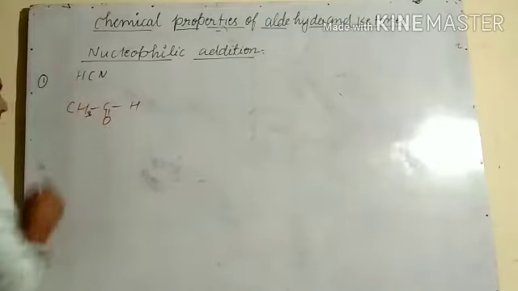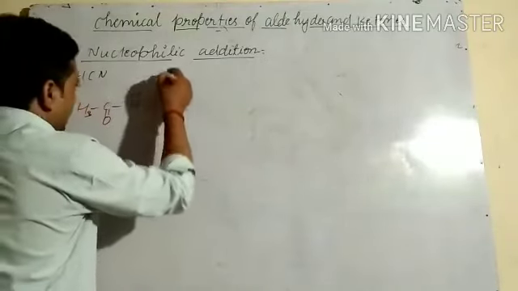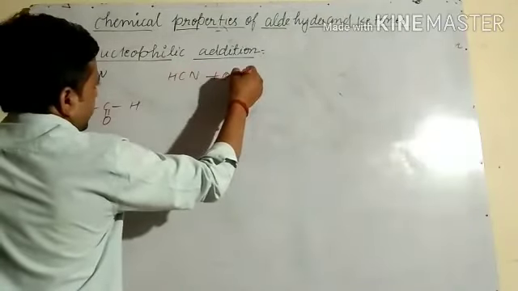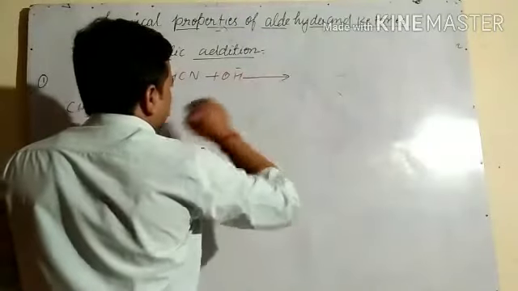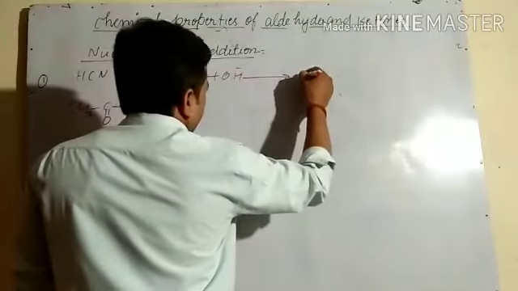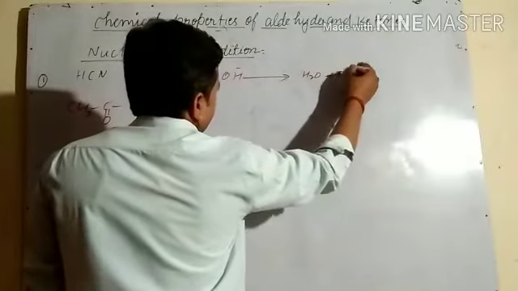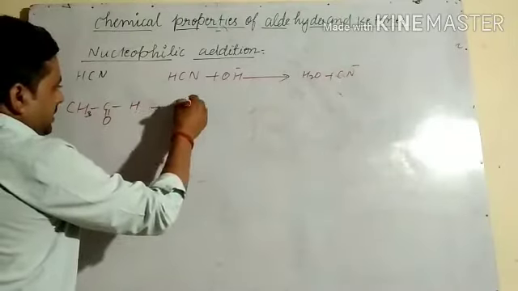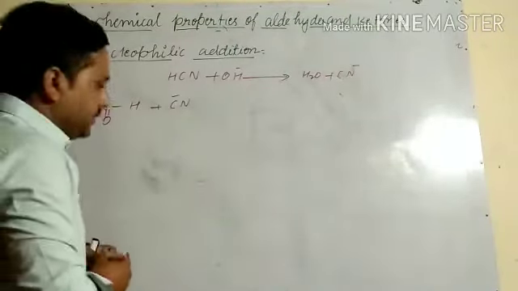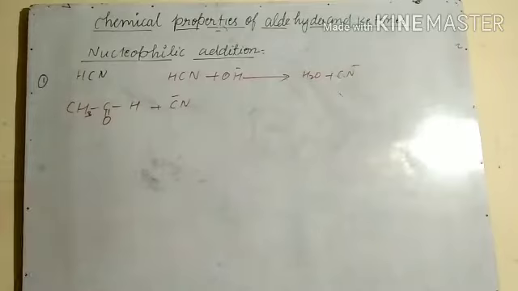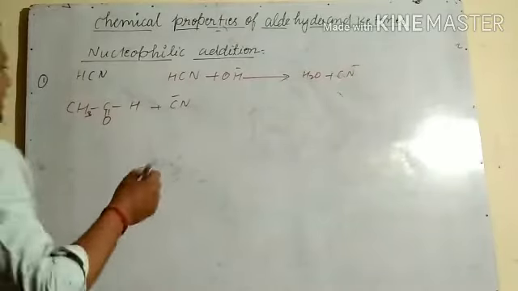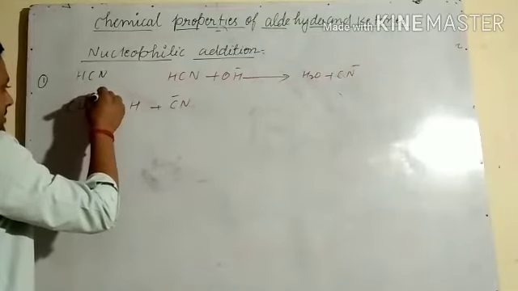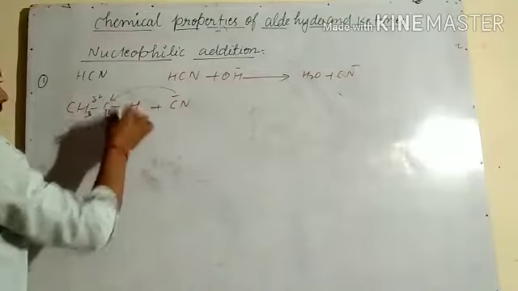HCN reacts with the base and forms water, and it forms H plus and CN minus. The CN negative charge is the nucleophile, and it attacks the carbonyl carbon. Why is the carbonyl carbon electrophilic? Because it has a positive charge there and the nucleophile has a negative charge, so it will attack there.